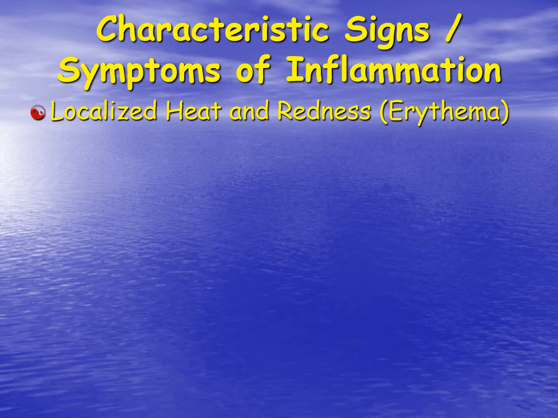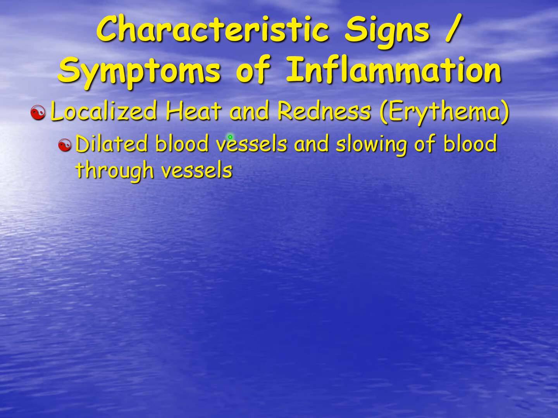Now, there are 5 characteristic signs and symptoms of inflammation. First of all, we're going to see a redness or erythema. This is due to the increased blood flow due to vasodilation. The localized heat will also be due to that vasodilation.